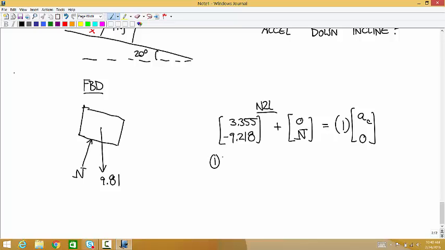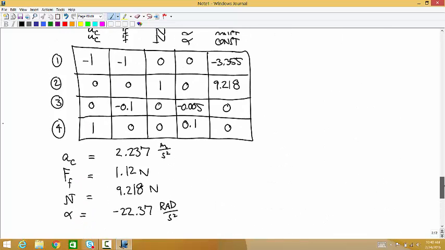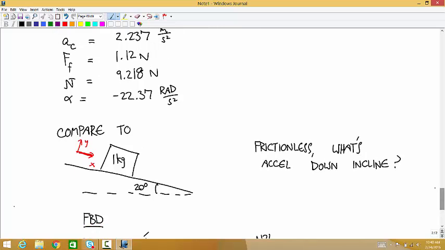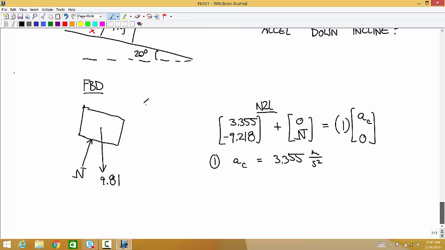And so equation 1 here says that AC is equal to 3.355. So you can see the difference in the accelerations. Okay, cool.